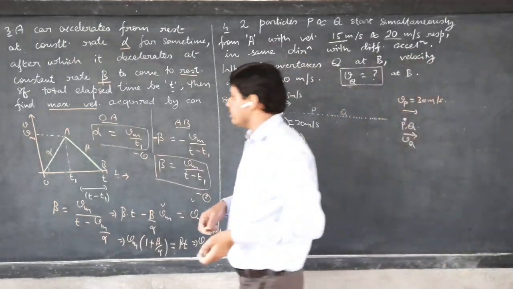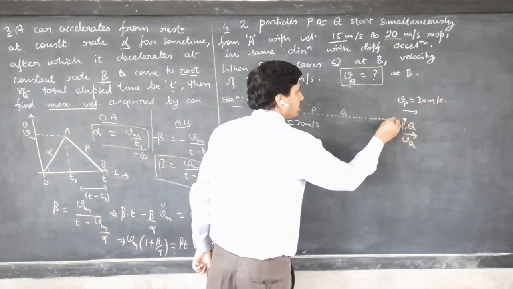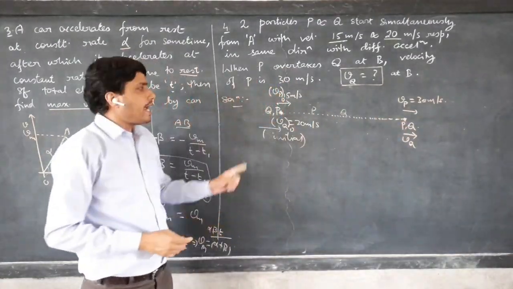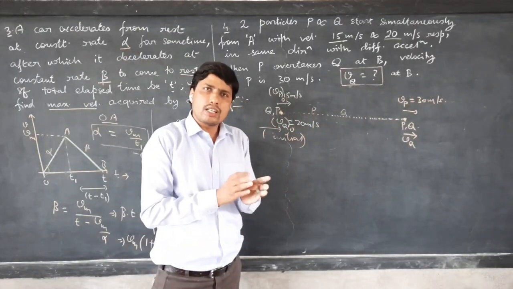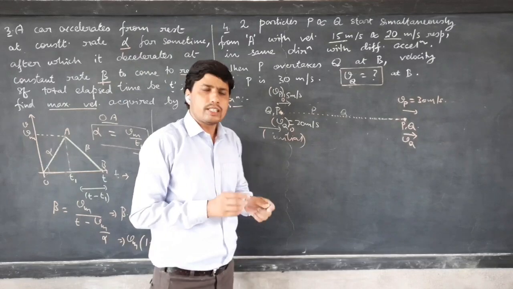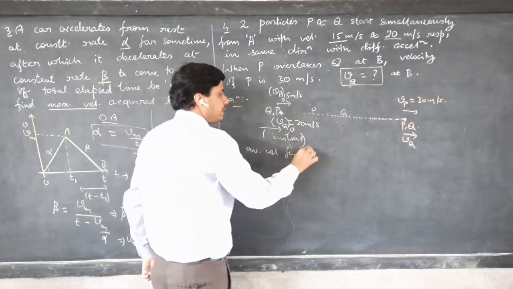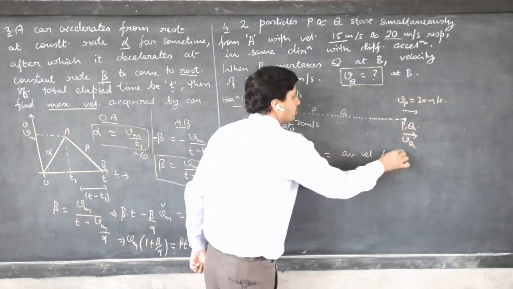Now if you see, for P this is the displacement. For Q also the same displacement is there, and the time is also the same for both of them. Since displacement and time for both P and Q are the same, the average velocity for P must be equal to the average velocity for Q.